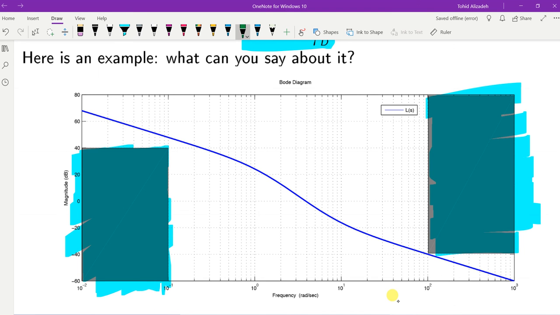Something that you need to keep in mind here is that for the noise attenuation, we have a frequency omega n, and in terms of the amplitude of L of j omega, we will deal with gamma n. For the disturbance rejection, we will have omega d, and this value will be equal to 1 over gamma d, or in terms of decibels, it will be equal to minus gamma d dB.